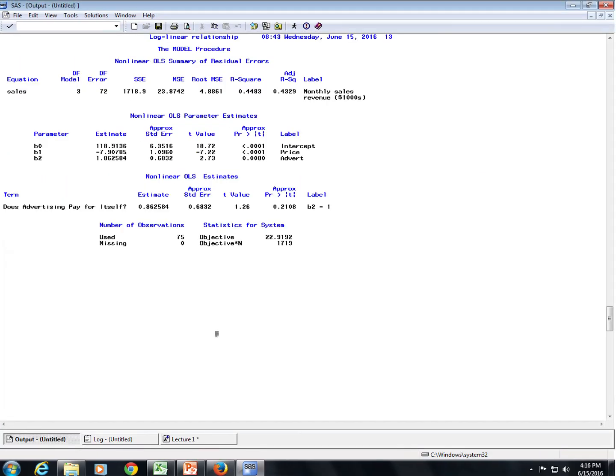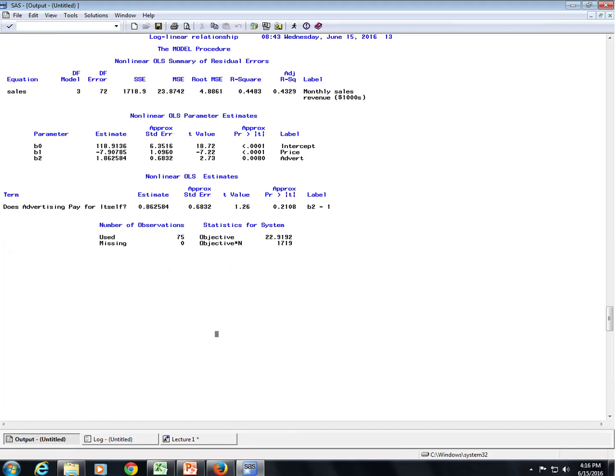So I run this code and I see the following output. It's a little bit similar to a proc reg or proc GLM. I get a little bit of an overview there, the MSE, the R squared. I get my hypothesis test for the coefficients.